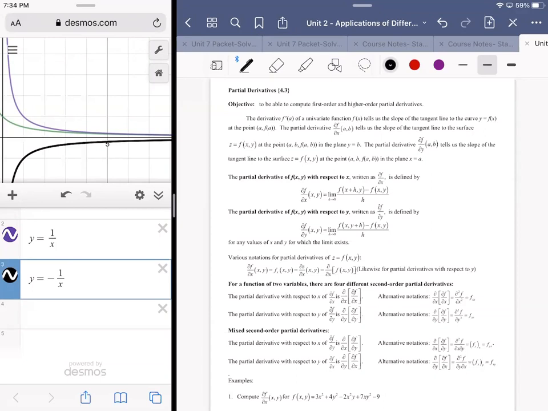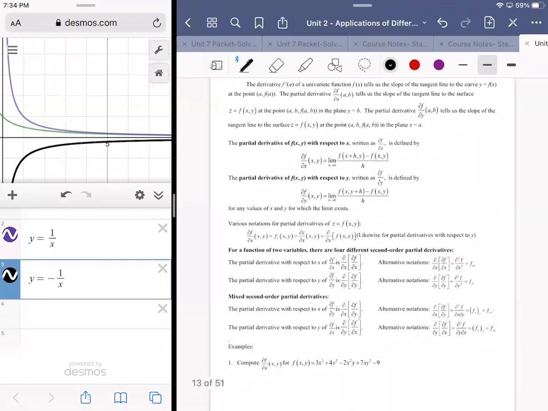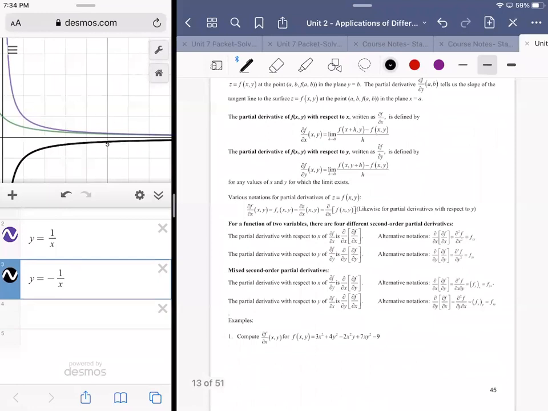Let's take the derivative in terms of y, and vice versa. Right. So that's really what we're going to do.